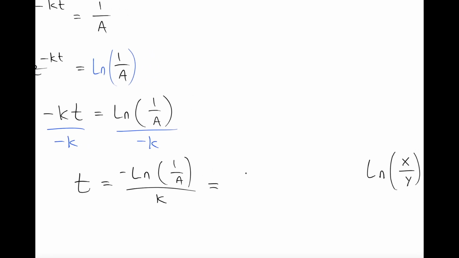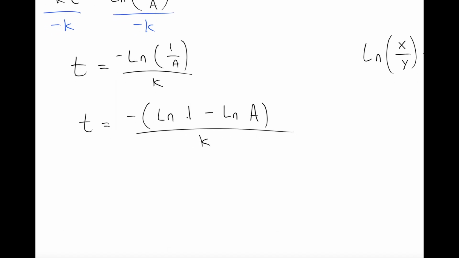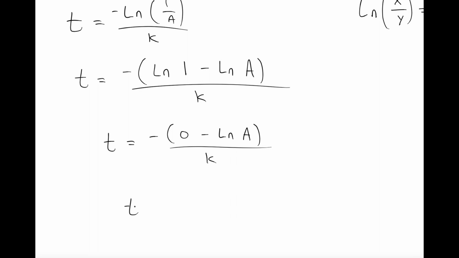So that could be used here. Ln of 1 is going to be 0. And that reveals a little bit simpler version of the time, which would be ln A over K.